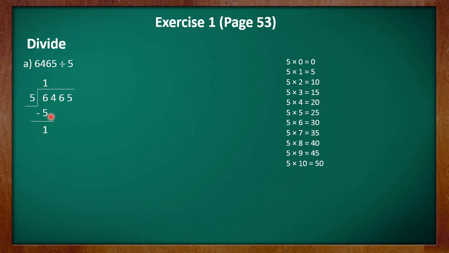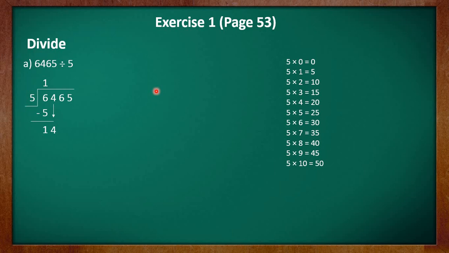Now, we have 4 as our next digit. So, we will bring this 4 down and this number will become 14. Now, we know that the number smaller than 14 in the table of 5 is 5 2s are 10, right?